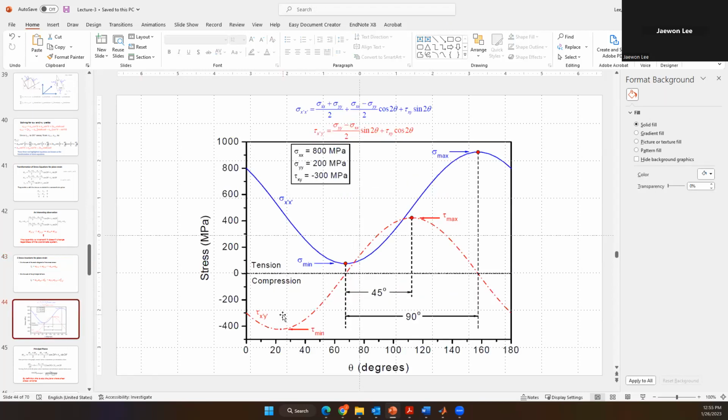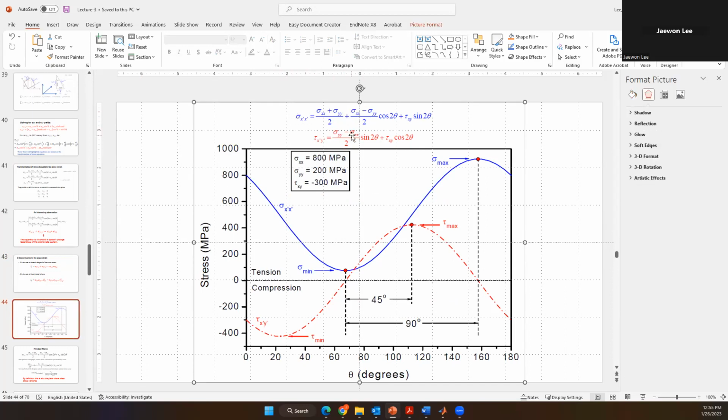Okay, so if we have the stress, this is the equation of sigma x prime, and tau x prime y prime. If we transform the axis by theta, sigma x prime changes, and tau x prime y prime changes too. So we can obtain this plot.